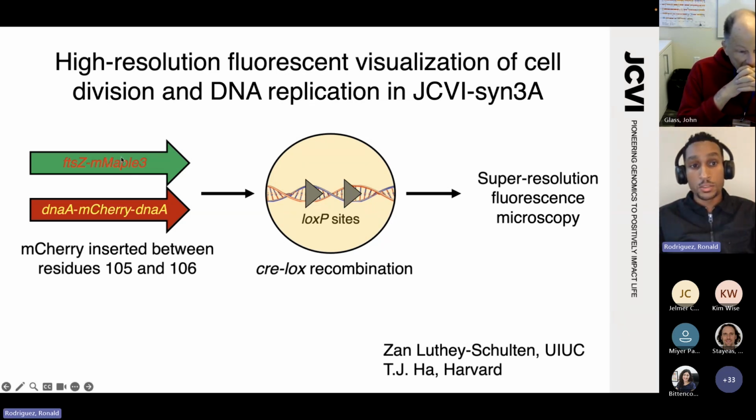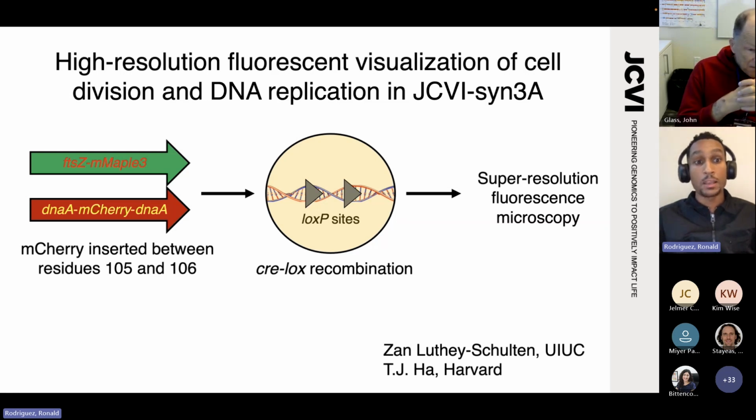What I've done is add a green-red photoconvertible fluorescent protein known as mMaple3, fused to the C-terminal end of FtsZ. To look at DNA replication, we put mCherry in the middle of DnaA, based on what's been published in the literature on DnaA labeling and using the AlphaFold prediction tool to predict structures for DnaA labeled with mCherry.